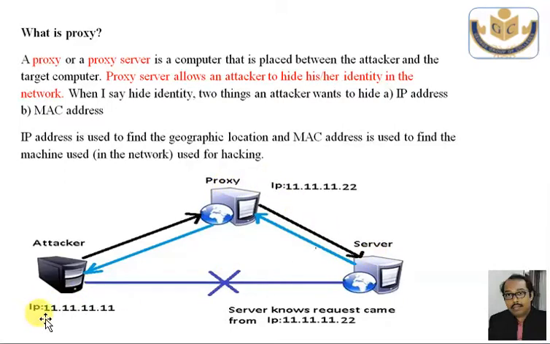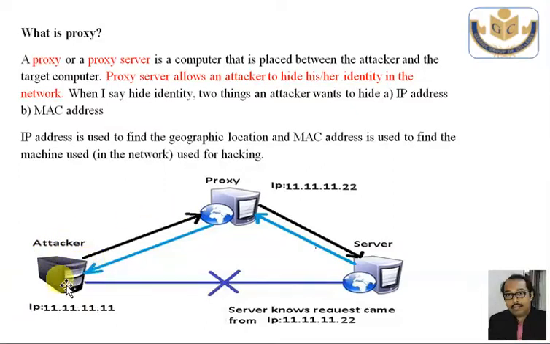The attacker's IP address is 11.11.11.11. When it connected to the proxy, the proxy gives a new IP address. That IP address is 11.11.11.22 and it tries to connect to the server. Now when the request is generated from that proxy, the server sends a response to the proxy and from that proxy it is delivered to the attacker.